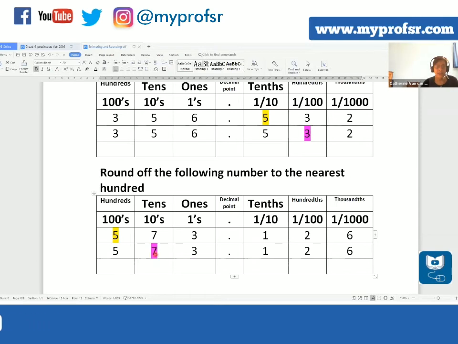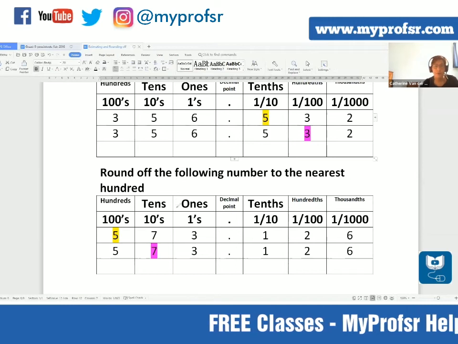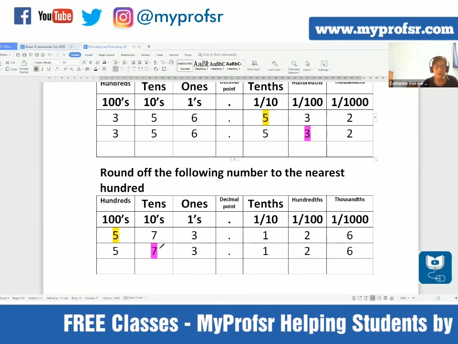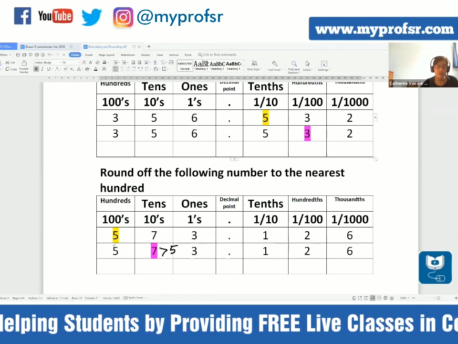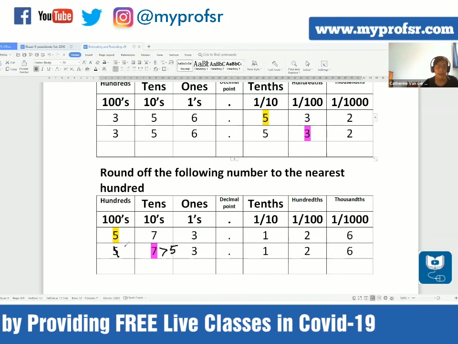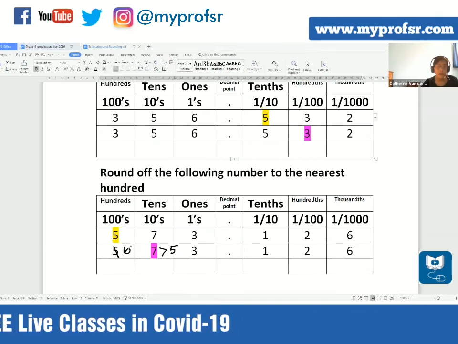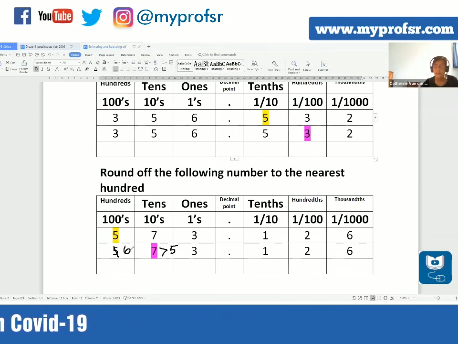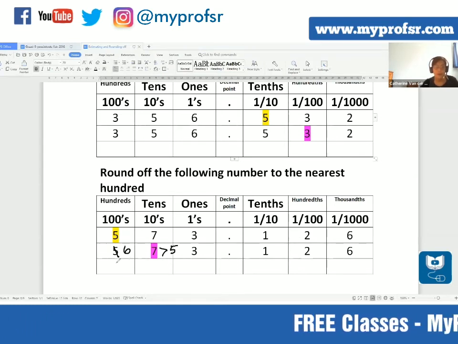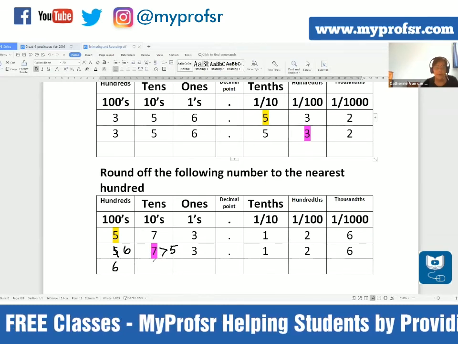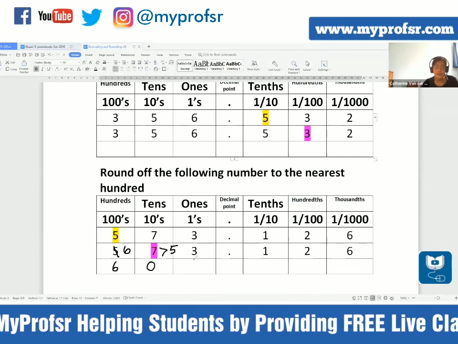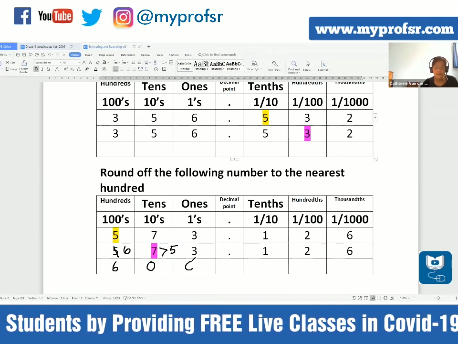And if it is bigger than 5, which I can see some of you have already figured out, then of course this one is going to increase with 1, so that becomes 6. Thank you, yes, but here is now where the crunch comes. It's 6, but everything to the right of the 6 becomes a 0.